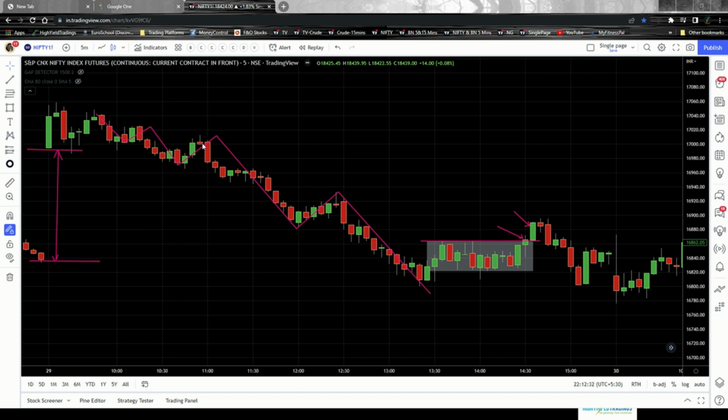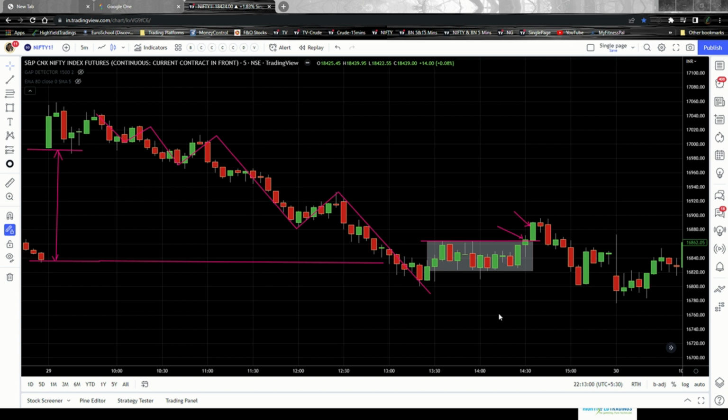In the process of falling, it actually closed this particular gap here. So the gap was closed. Normally the thought process about gaps is, if the gap is closed, then that particular stock or index should go up, because that gap fulfillment should work as a support. That is the normal theoretical part that we always hear.